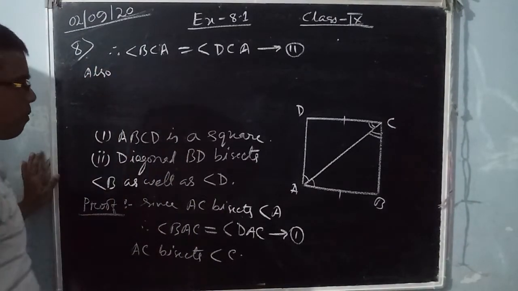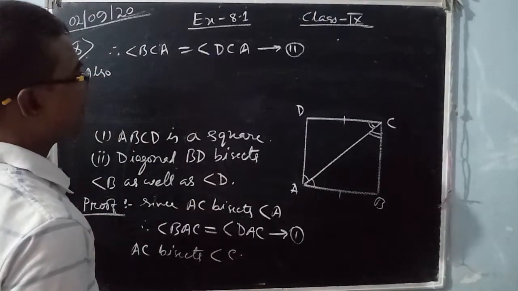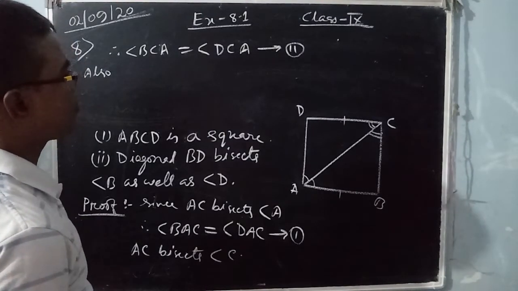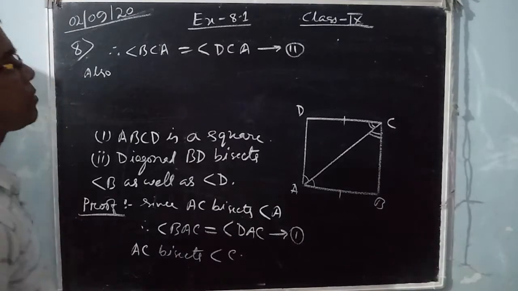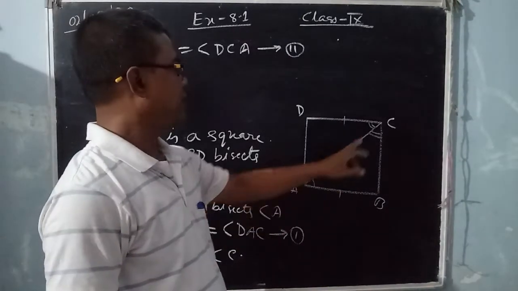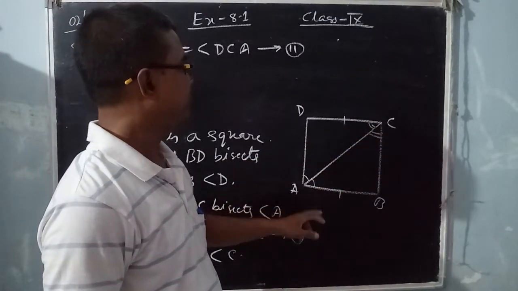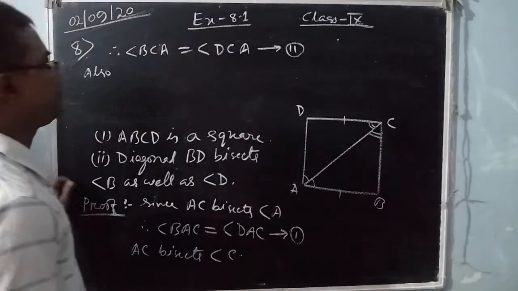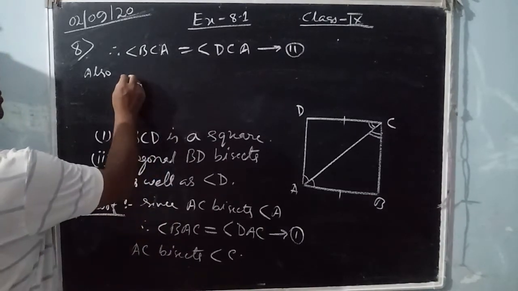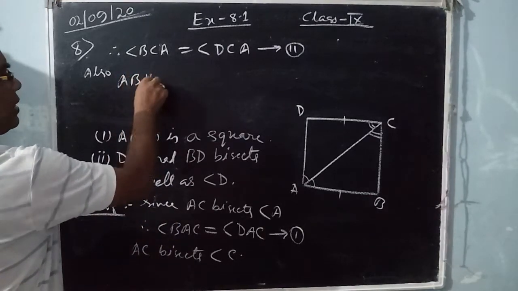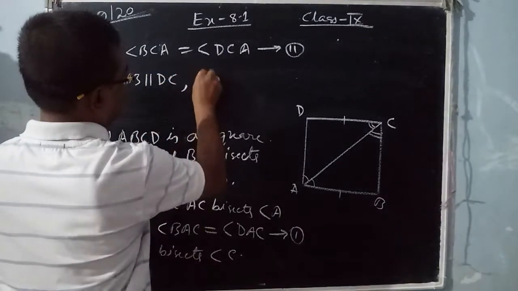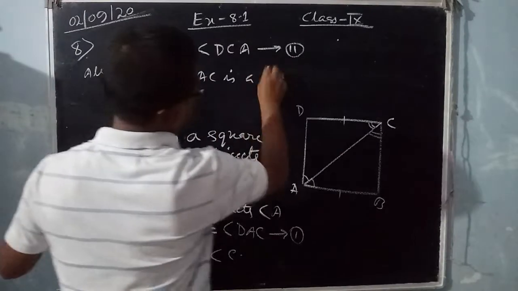Also this equals this, and AB is parallel to DC. AC is a transversal.